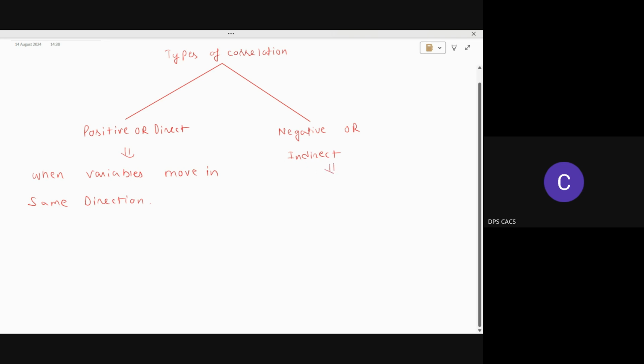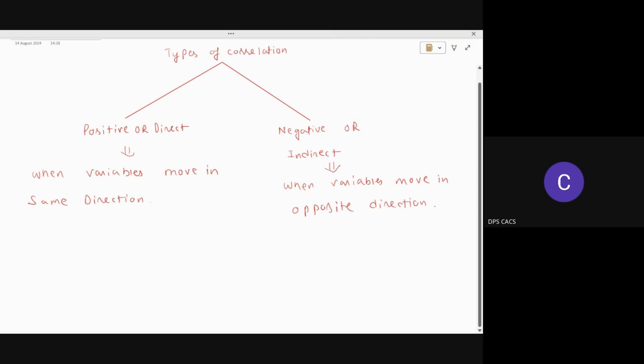And negative correlation is when variables move in the opposite direction. I'll give you an example for that.